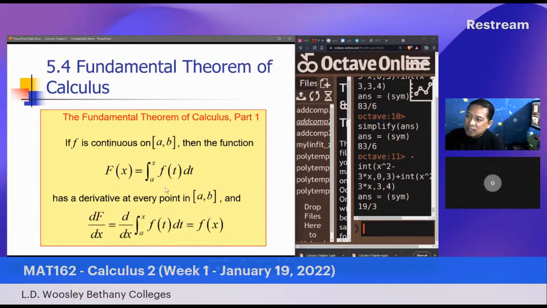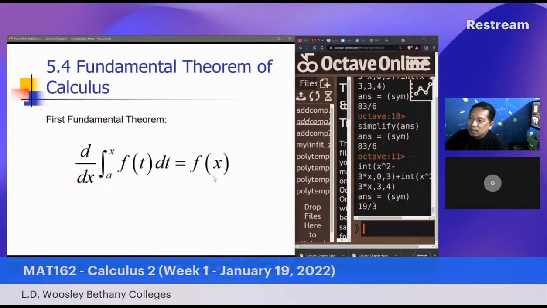And then, of course, has a derivative at every point A and B, such that if you will get the derivative of the function, that's the integral, you will arrive at the same function, or f of x. Kasi maliit. So, yan yung fundamental theorem of calculus, part 1. So, yan po yan. The first fundamental theorem. No?